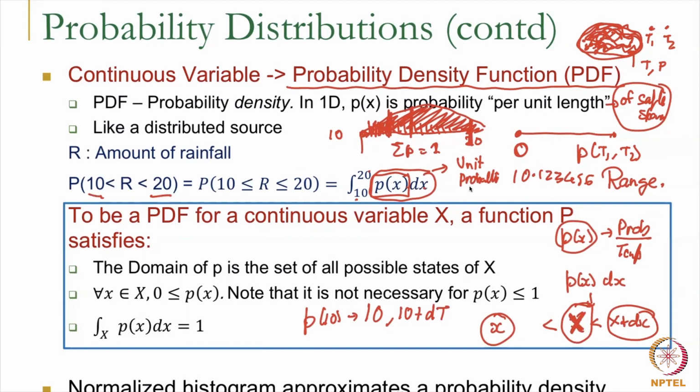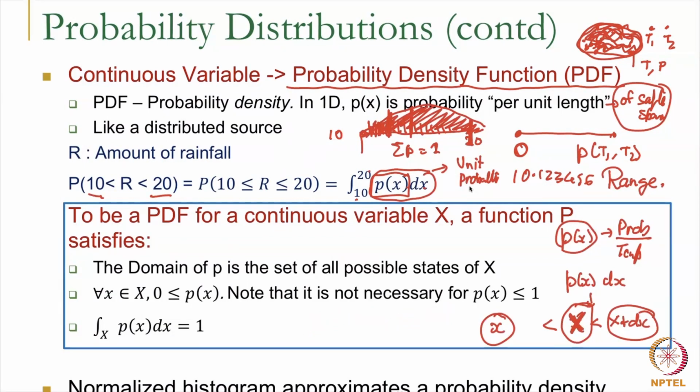So what we do is we integrate between 10 and 20. The integral of P of x dx between any two x is actually a finite value. Using this and using analogy with what we did for discrete values, we now write what a probability density function for a continuous variable is and the conditions it has to satisfy.